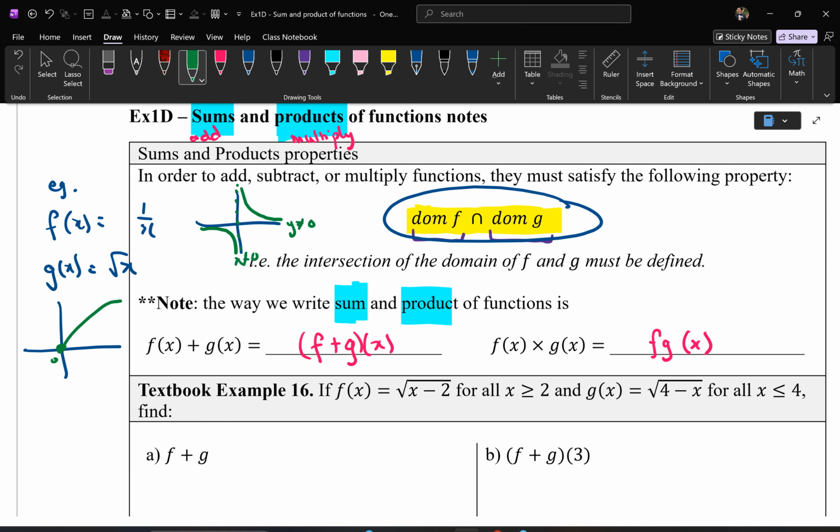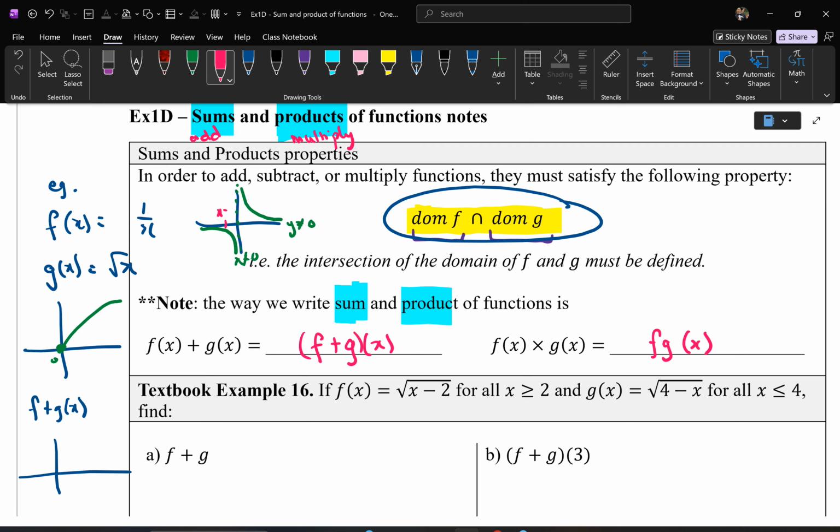If I now asked you to sketch the graph of (f plus g)(x), one of the first things, in order to even visualize it, is that (f plus g)(x) is the y value. Remember back in year 9 we used to say y equals 1 on x, or y equals root of x. Well, g of x represents the y values for root of x, and f of x represents the y values for 1 on x, and therefore (f plus g)(x) is the y values for this new function.